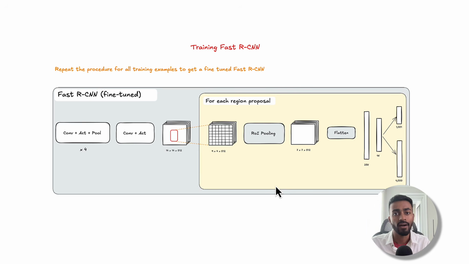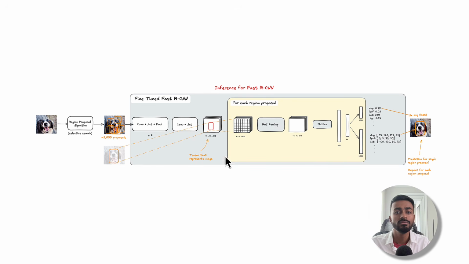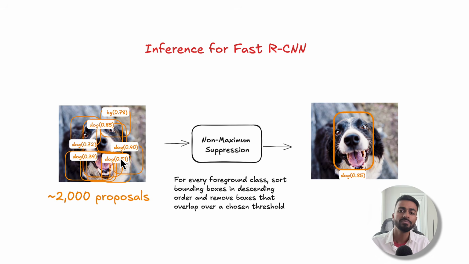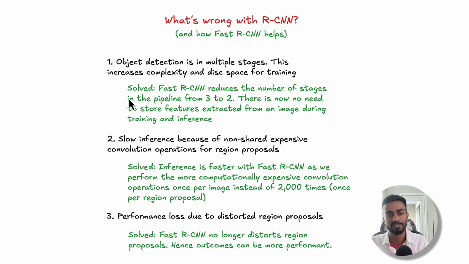And once we now have this fine-tuned Fast RCNN, we can then use it for inference. And so I hope that this entire process now makes a lot of sense. We also saw definitively how Fast RCNN can solve each of the problems that we discussed with the original RCNN architecture. It no longer needs to store these large features for training.